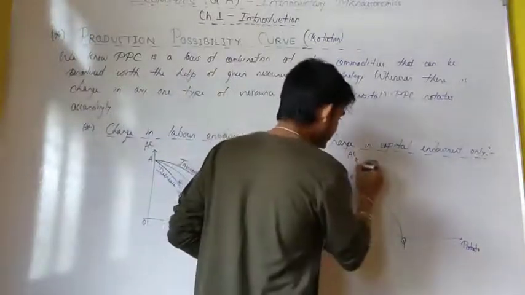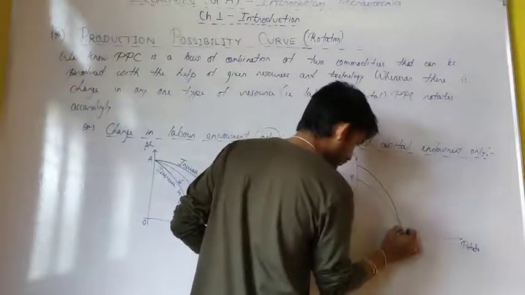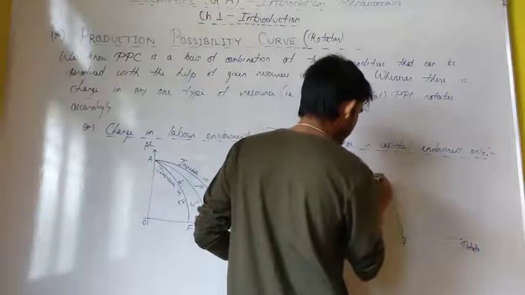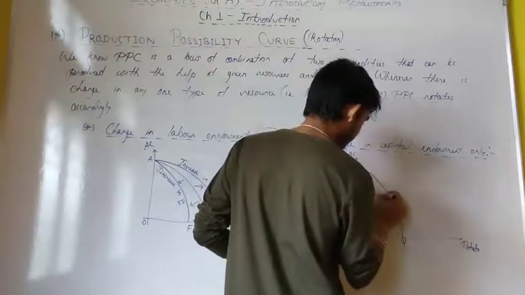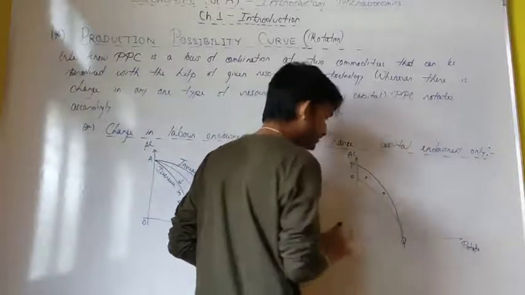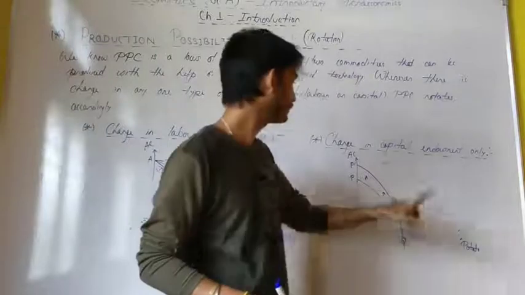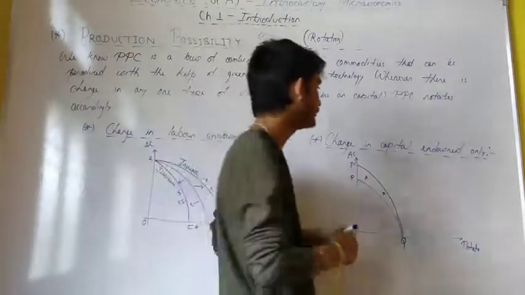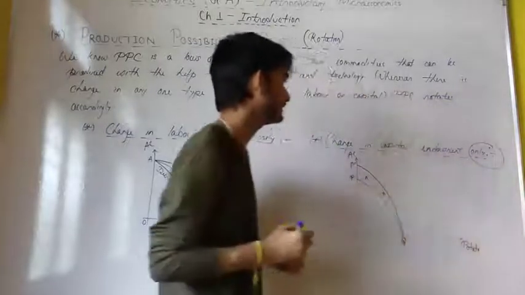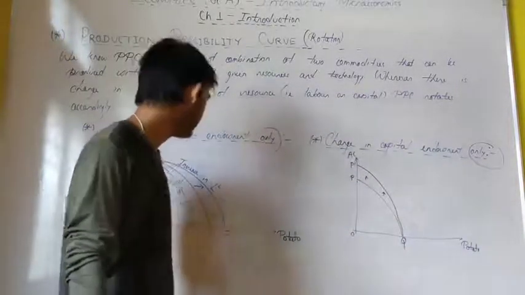So in this situation, this PPC, which is our PQ, will rotate rightwards to P dash Q. The Q point remains the same because this change is associated with capital endowment only, and there is no change associated with labor endowment.